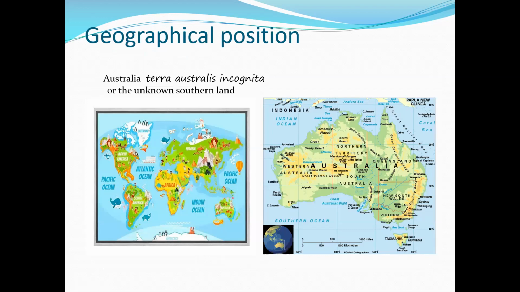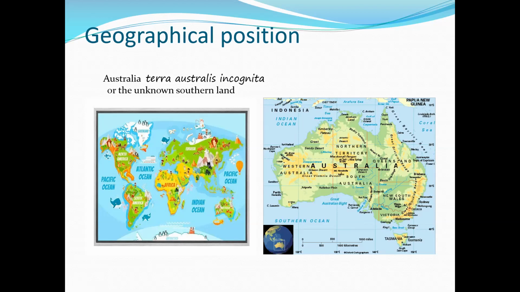Even in medieval times, there were stories about a large continent in the southern hemisphere, but Europeans had never seen it, so they called this land Terra Australis Incognita, or the unknown southern land, Australia. Terra means land, земля. Australis, southern, южная, and incognita, неизвестная.